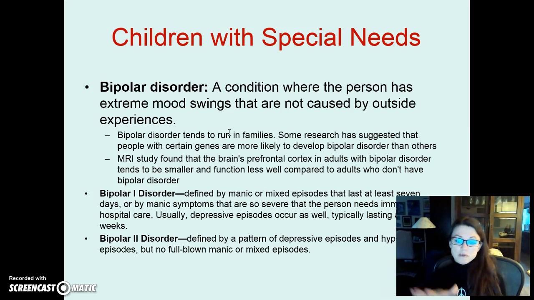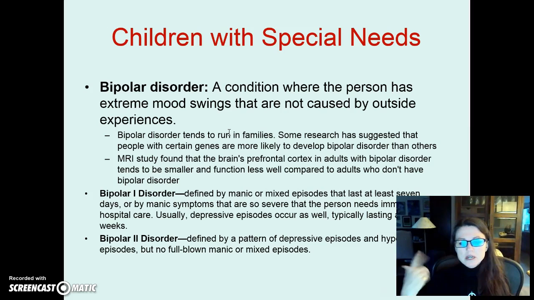So bipolar 2 is more of a depressive and less of a manic. Bipolar 1 can be mixed episodes of manic and depressive that have to last certain times. And then there's a rapid cycling type, where it can be in a day, over quick time periods, that it can go from manic to depressive to manic to depressive.